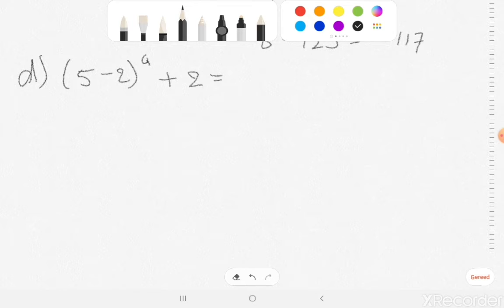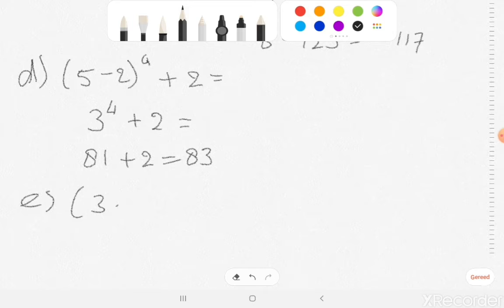So 5 minus 2 is 3. So 3 to the power of 4 plus 2. Now with the example, we know that 3 to the power of 4 is 81, and 81 plus 2 is 83.